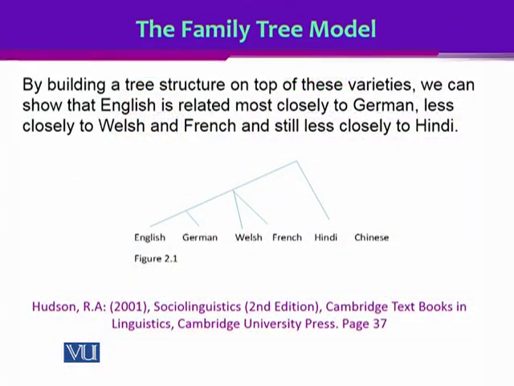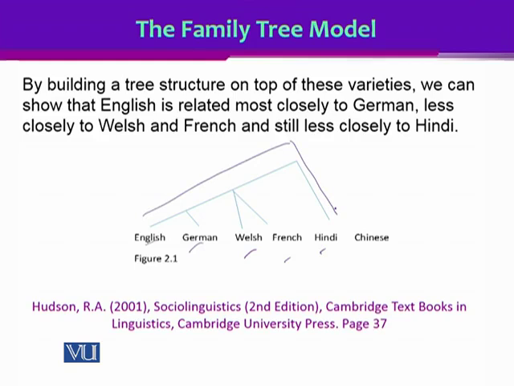My dear students, if you look at the screen, by building a tree structure on the top of these varieties, these are the names of those languages that I was talking about: English, German, Welsh, French, and Hindi. At the top of this, this tree structure is built. We call it a tree structure.